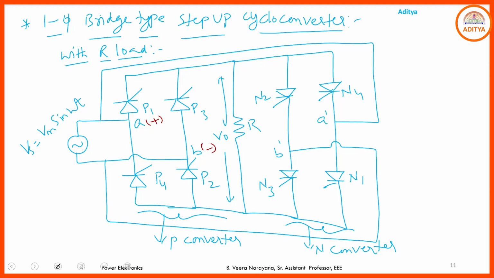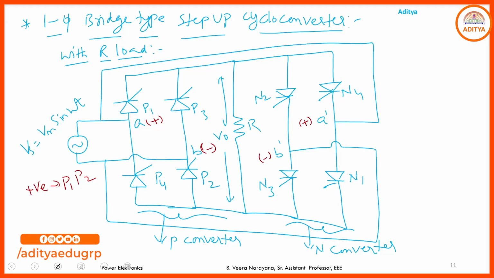Corresponding to that, P1, P2 are in forward bias, P3, P4 are in reverse bias. So during this positive half cycle, P1, P2 conduct, and in this N converter during the positive half cycle, this is positive and this is negative. Which are in forward bias here? N1, N2.